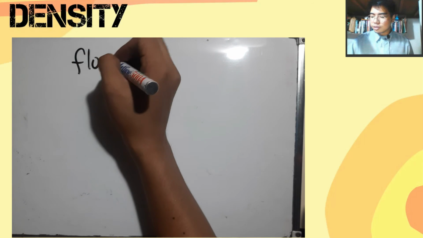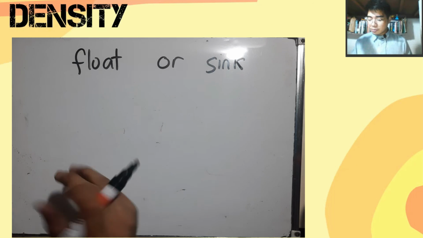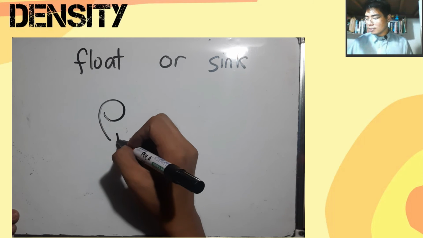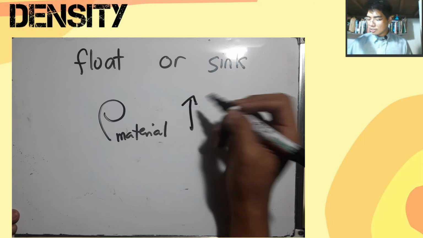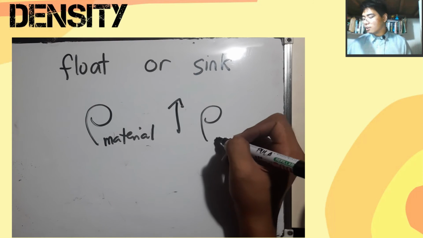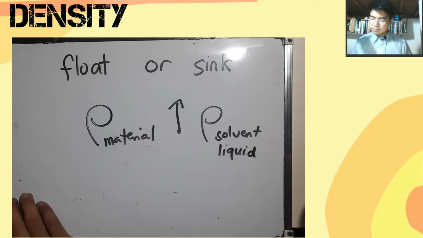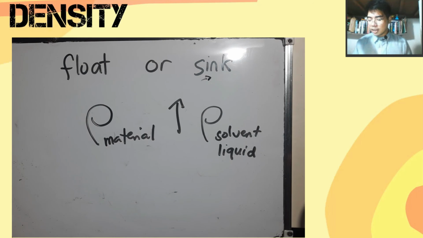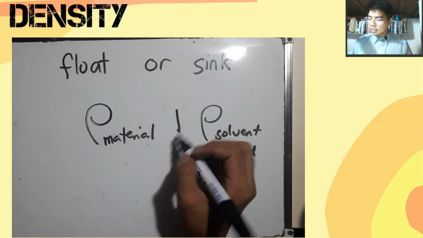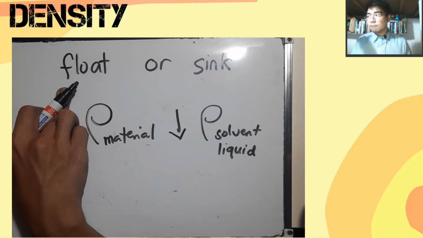Let's now consider the concept of float or sink. Remember, if the density of the material is higher than the density of the solvent or of the liquid, the material will sink. But if the density of the material is lower than the density of the solvent or of the liquid, that material will float.